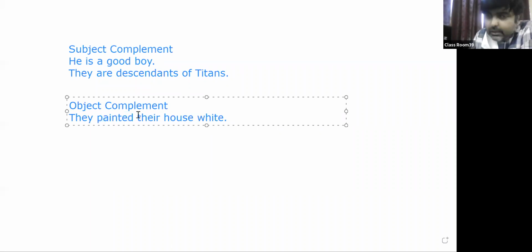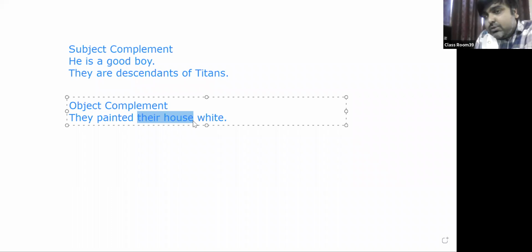Their house is your object, because any sentence that can be changed to the passive voice lets you easily deduce whether the previous sentence carries an object or not. So obviously, their house was painted white. That's how you change the structure.